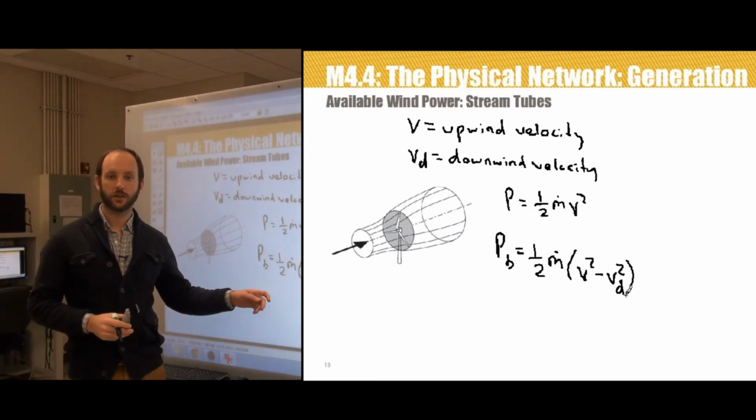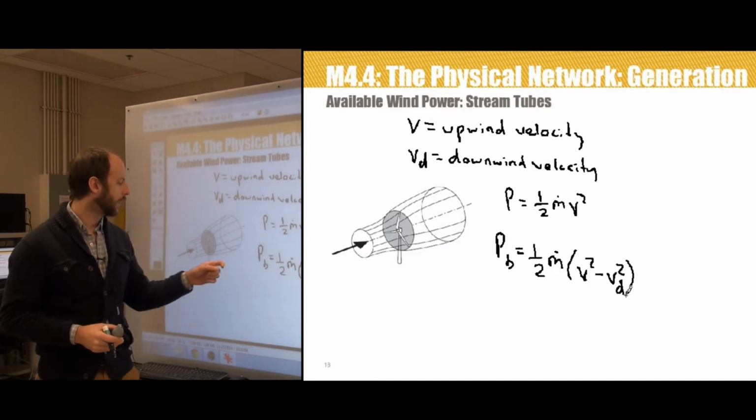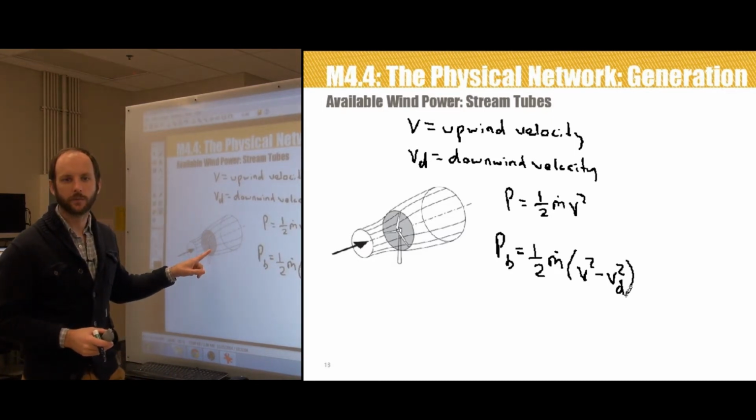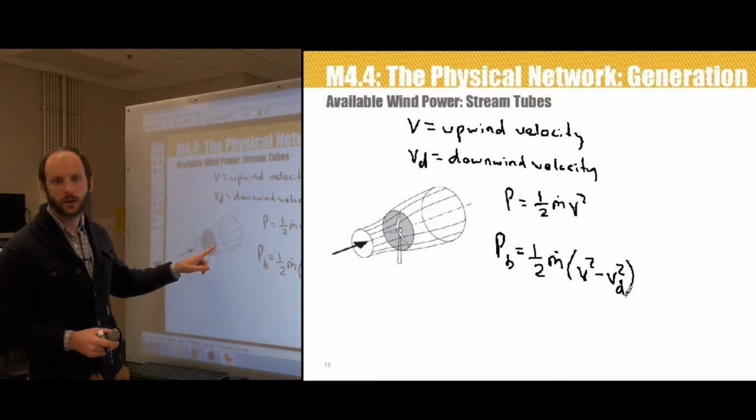We can most easily determine the value of the mass flow rate, m dot, in this formula in the plane at the rotor. At this point, we know the cross-sectional area of the rotor. It's just the swept area of the rotor blades.